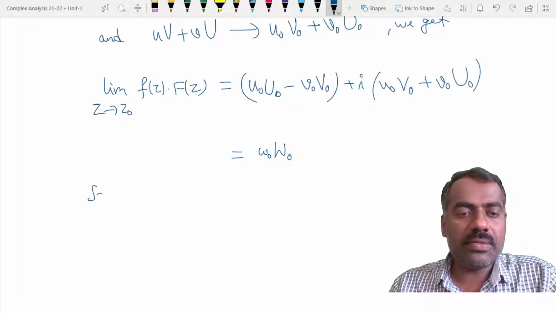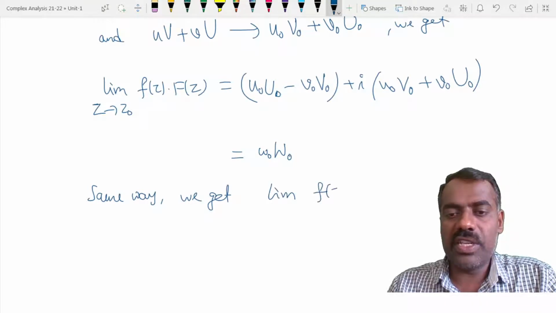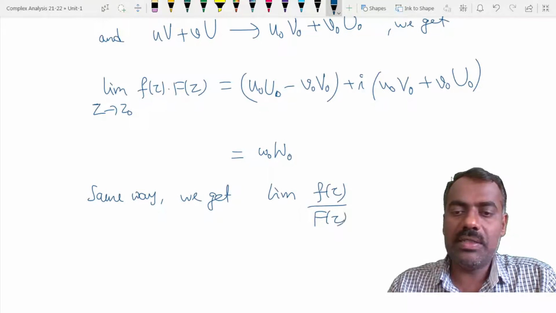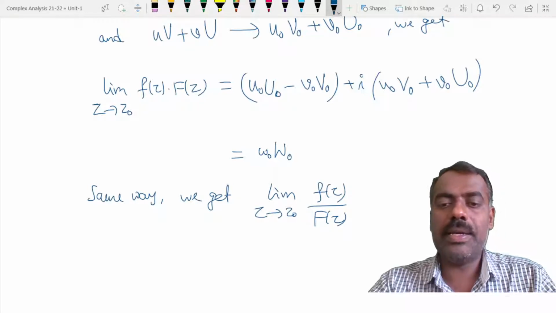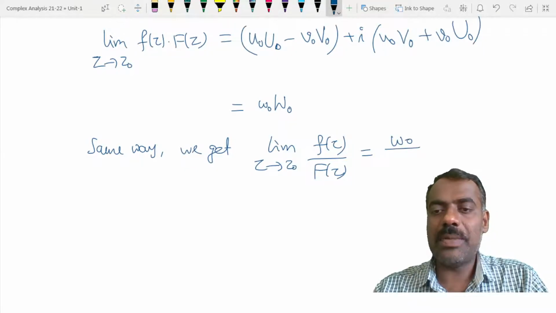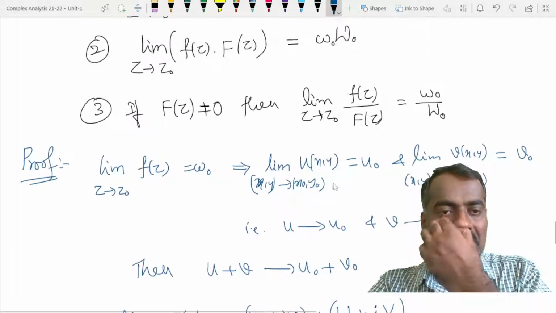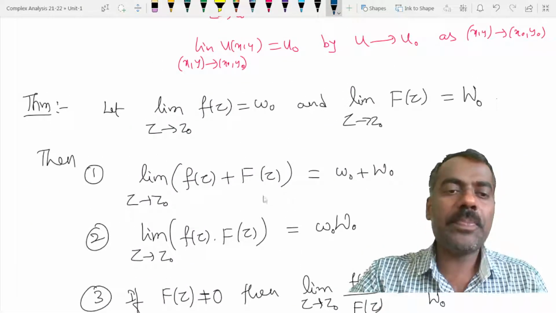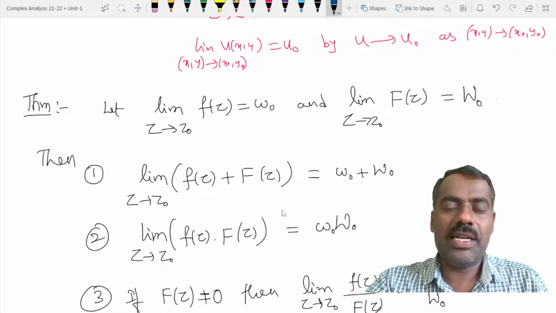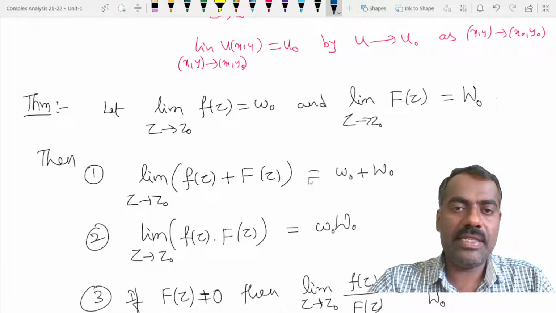So in the same way we get the limit of f of z upon capital F of z as z tending to z naught, of course whenever capital F of z is non-zero, this is the same as w naught by capital W naught, right? So what we have used in this theorem is that the statements we have written, the same statements we have used for the real case u(x,y).